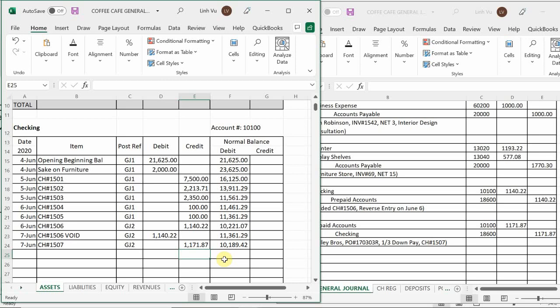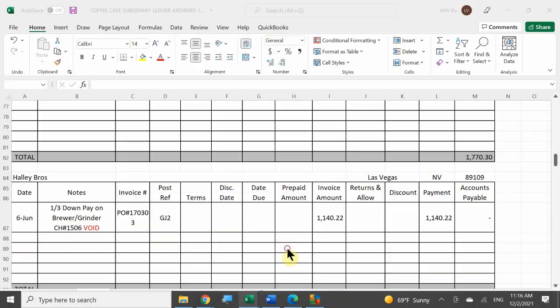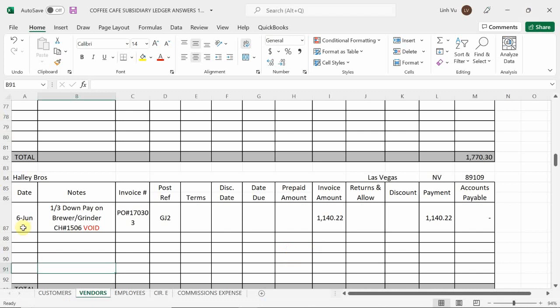And then now we need to update my subsidiary ledger because now I have new information that I have issued to Haley Bros, right? So in this case, I don't need to clear this one at all because I want to keep a track record because I have something that's linked to it, which is the check number 1506.